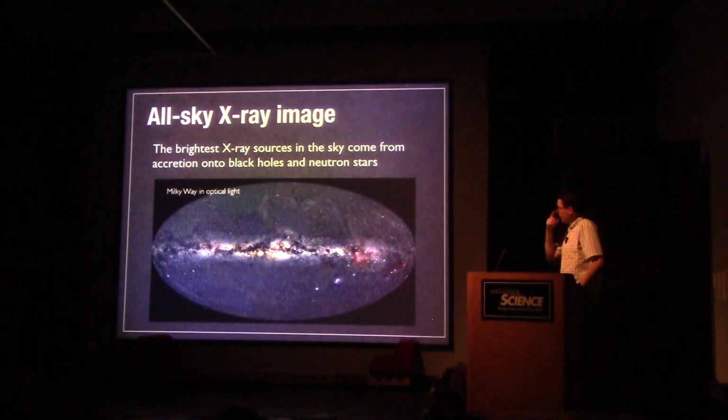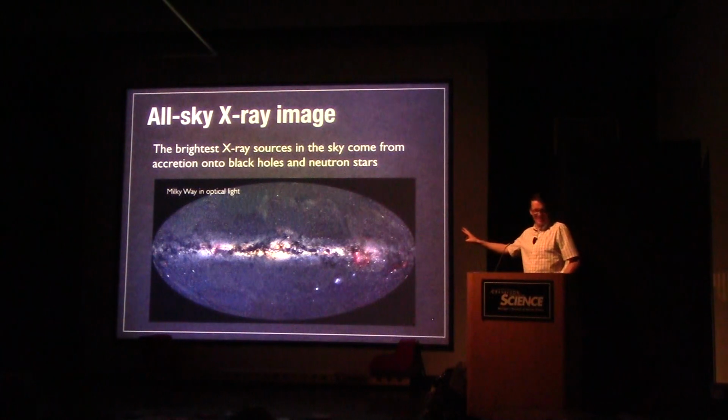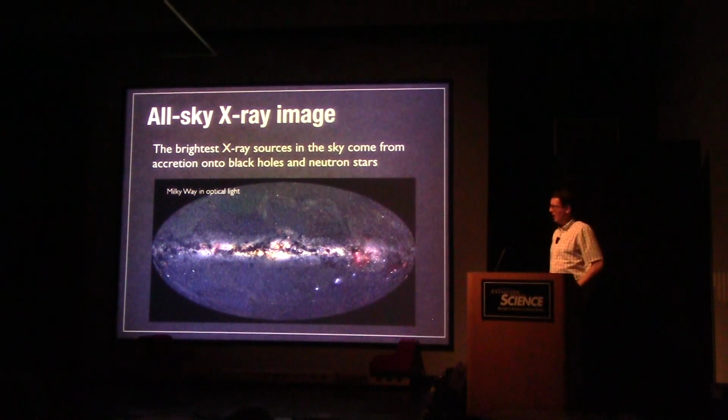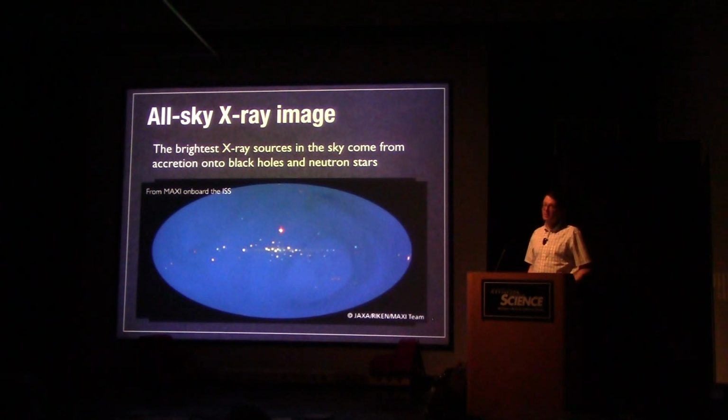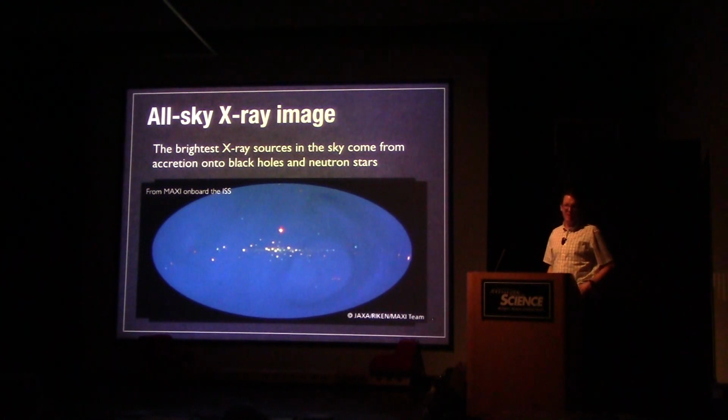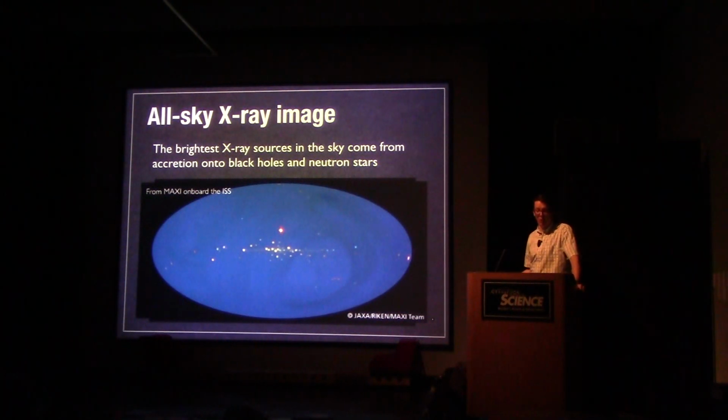And if you look at the X-ray sky, it does not look like this. This is, of course, the Milky Way in optical light. But if we do the same image in X-rays, what do we see? Well, you still see the plane of the galaxy, right? But now, instead of seeing regular stars, what we're actually seeing is gas falling onto neutron stars or into black holes, as well as other objects like supernova remnants and other extreme objects that emit X-rays.